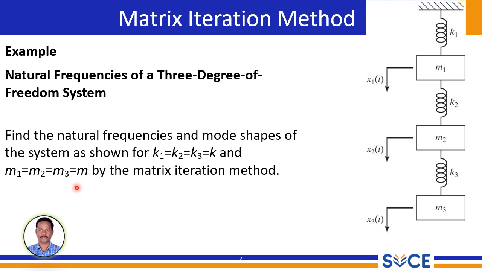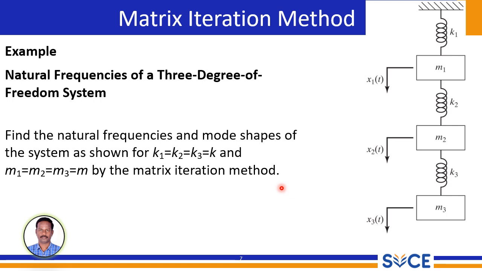Our goal is to use the matrix iteration method to determine the natural frequencies at which this system will tend to vibrate and the corresponding mode shapes, which describe the relative motion of these three masses at each of these frequencies.